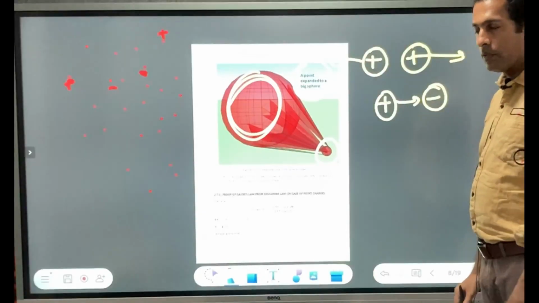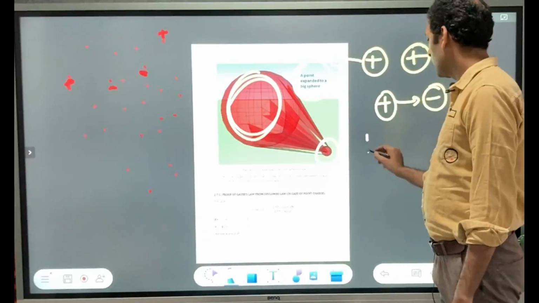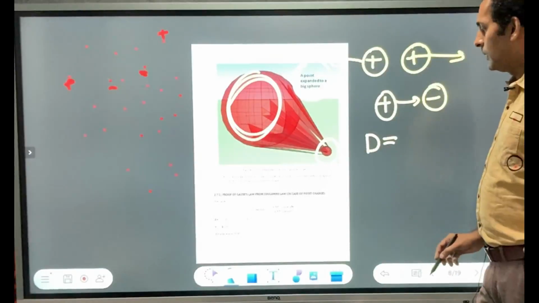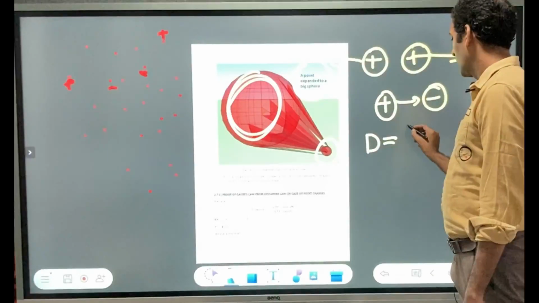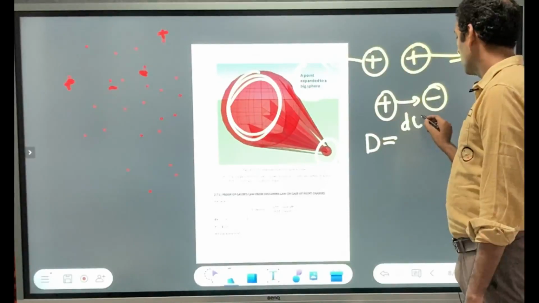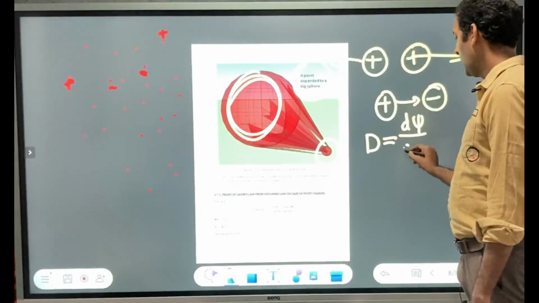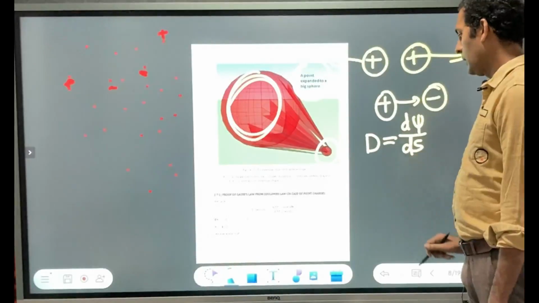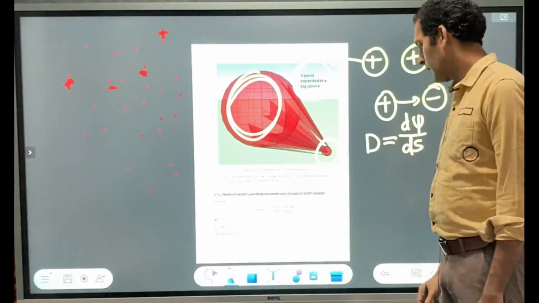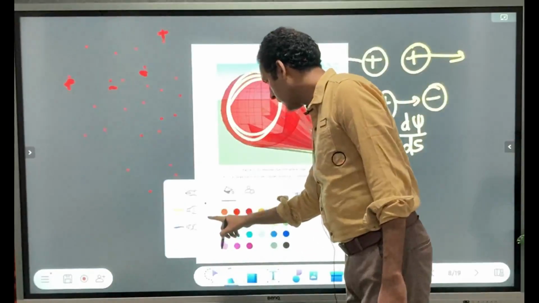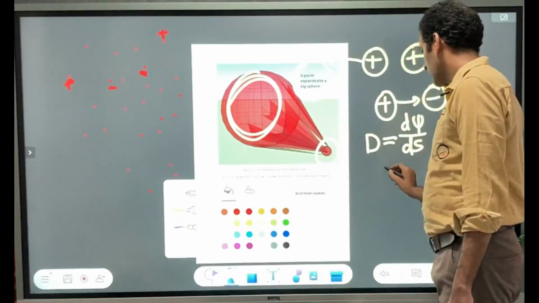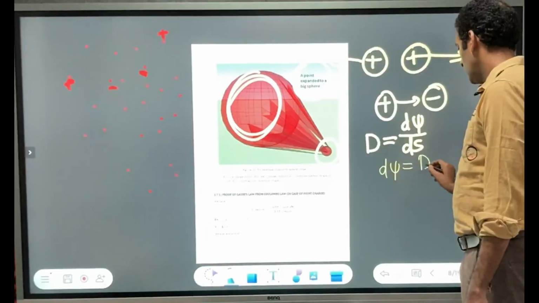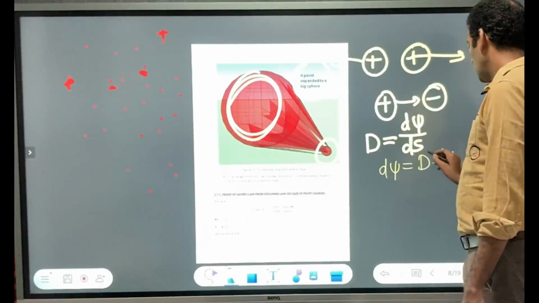So far, we know these are all related to D. D is the flux density, given by the flux divided by the differential area or surface, and from here we can say d phi is equal to D dot ds.